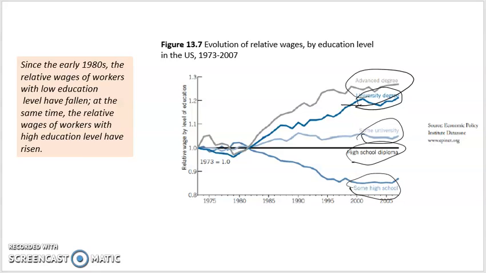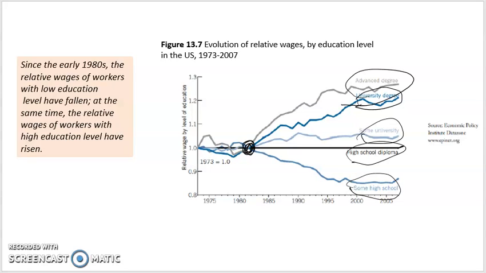All of these wage curves are relative to the wages of workers who only have a high school diploma, hence the straight line, which is our comparison factor. All relative wages are further divided by their value in 1973, so the resulting wage series are all equal to 1 in 1973. Hence, they are all equal at that point.